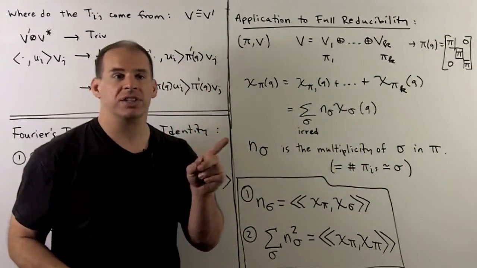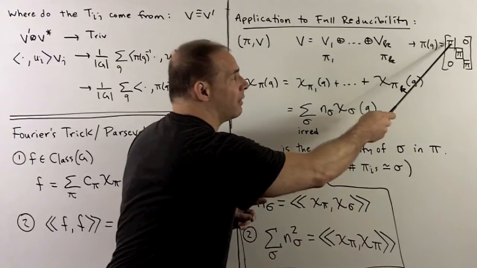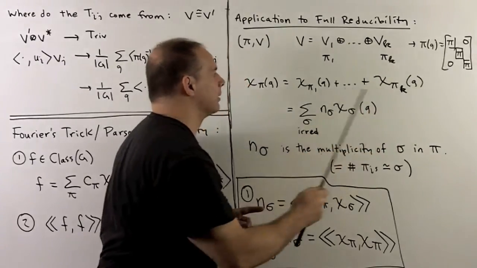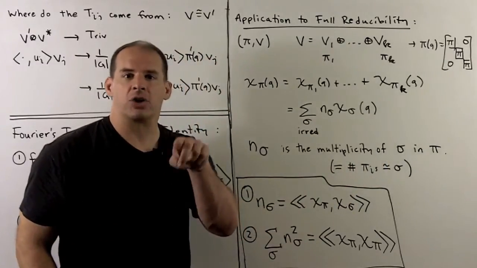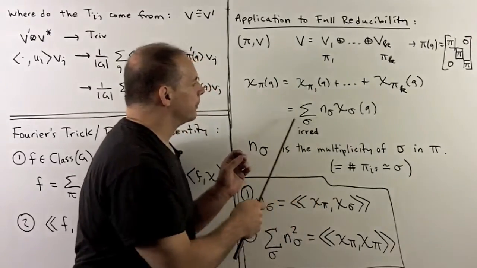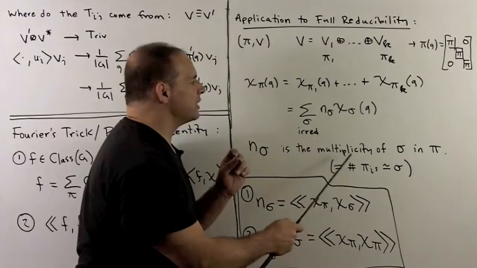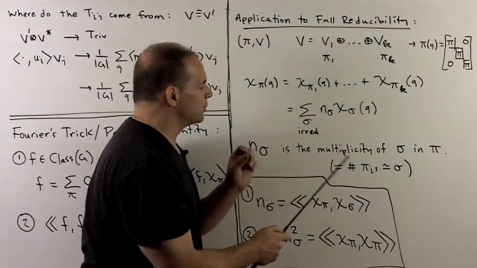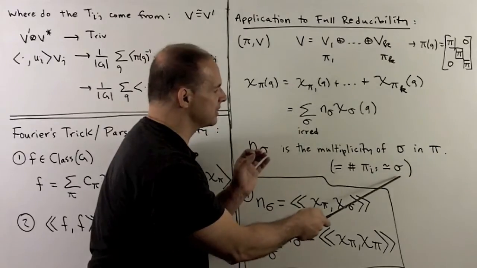If we take traces, then the character for pi(g) is just going to be the sum of the characters on each block. So that looks like this. If we collect the characters for all the types that are the same, we get this here. Now, the n_sigmas are what we're calling the multiplicities of sigma in pi. The multiplicity is just going to be the number of these pi_i's that are equivalent to sigma.